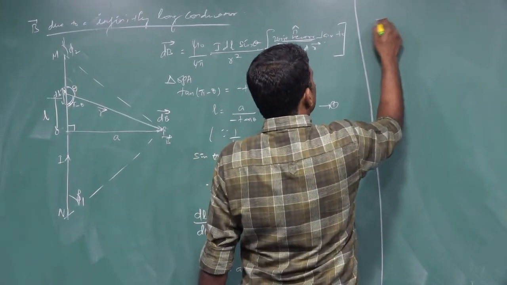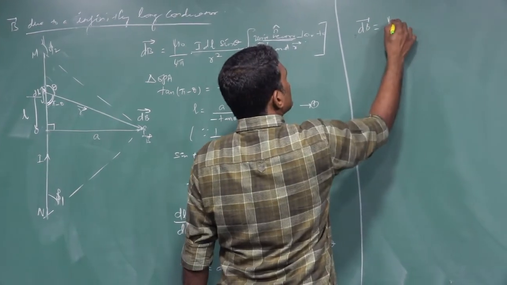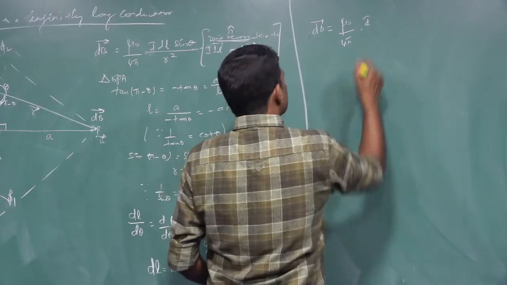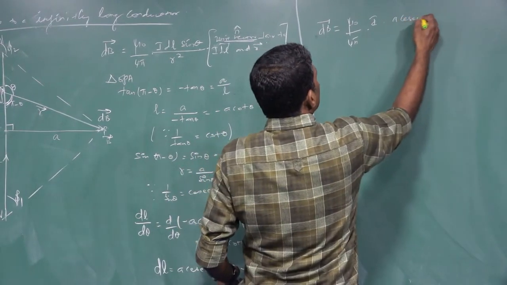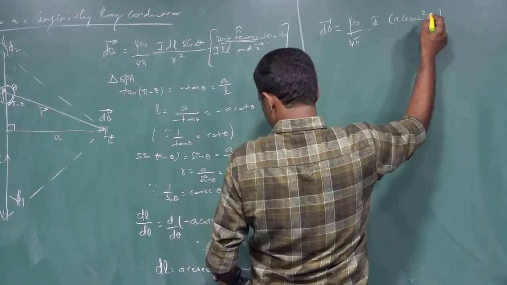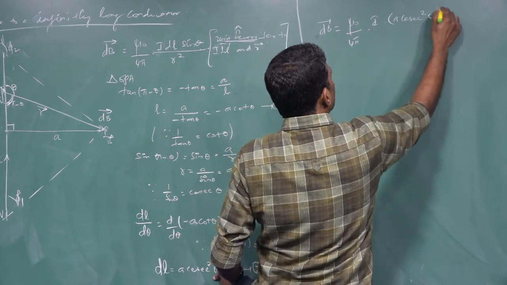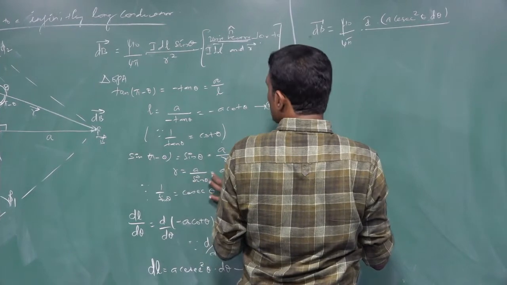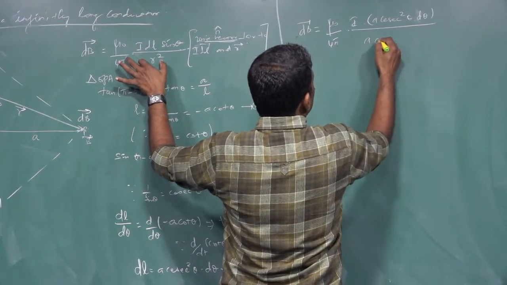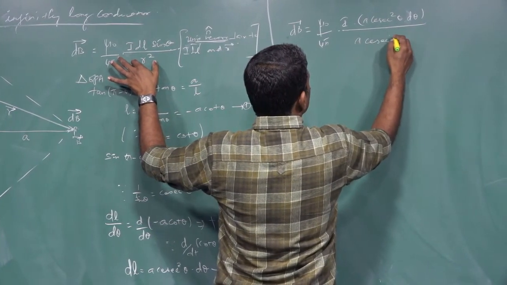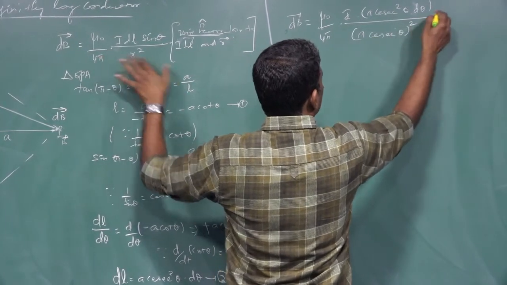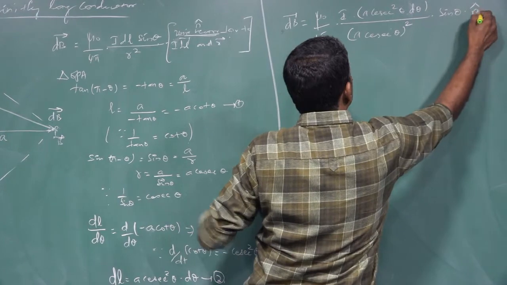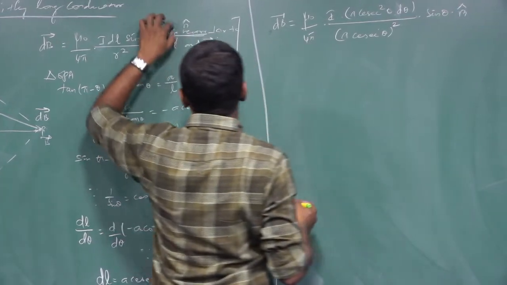So dB vector is equal to mu naught divided by 4 pi, I into dl, which is A cosecant square theta d theta, divided by R square, where R is A cosecant theta, so R square is A cosecant theta the whole square, into sin theta into n cap. This is the unit vector.